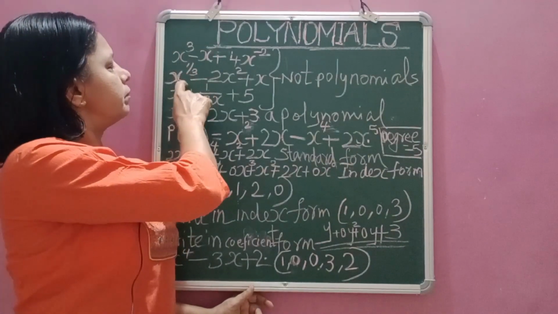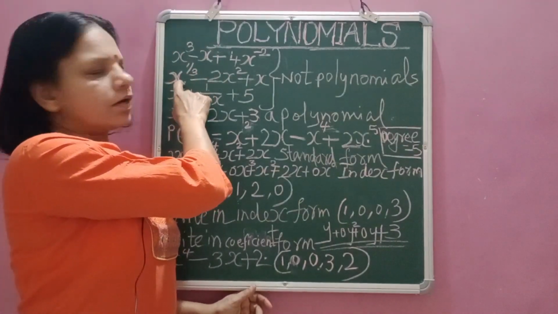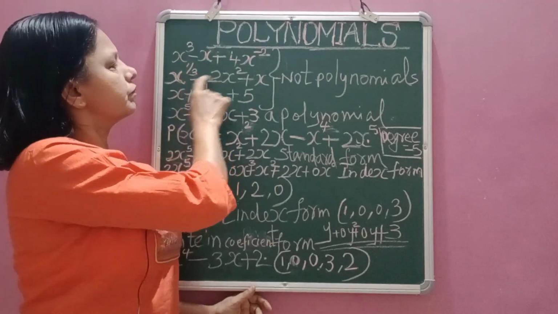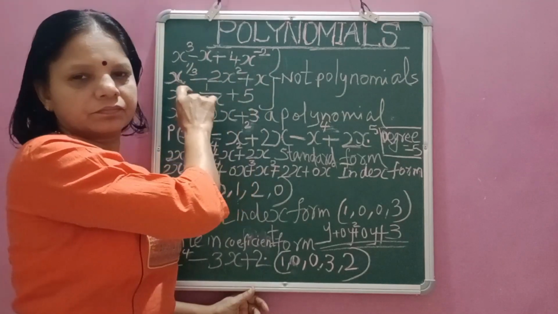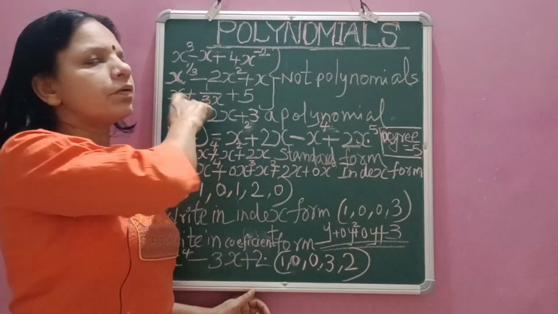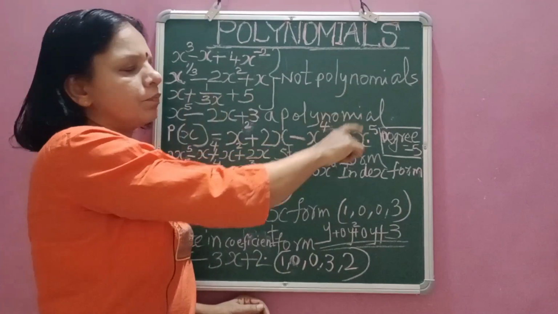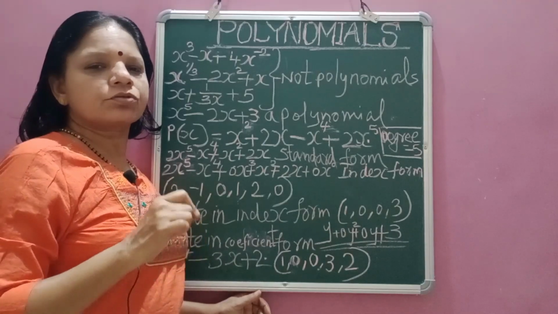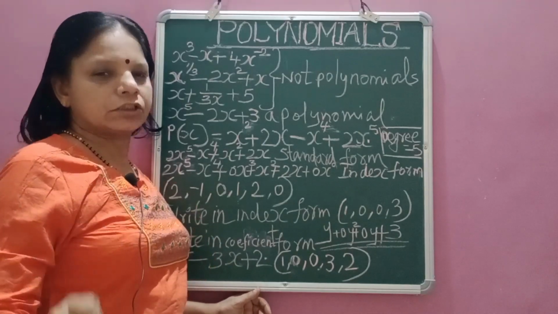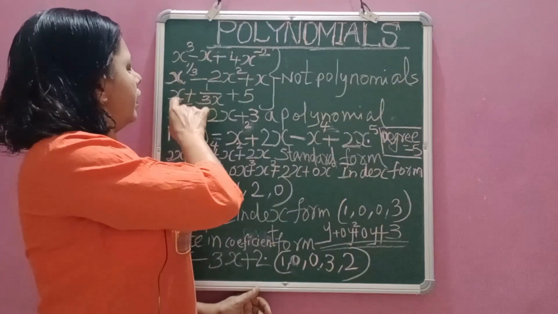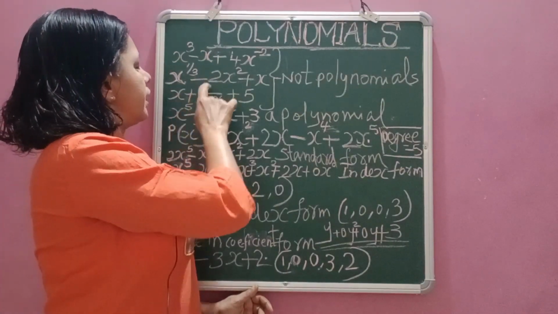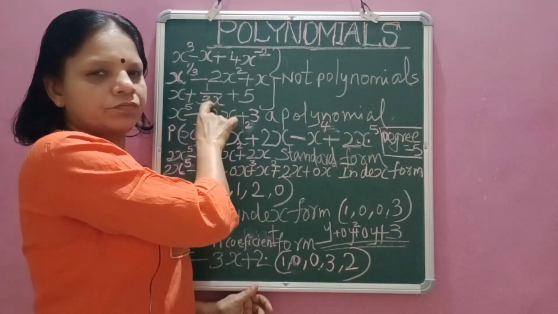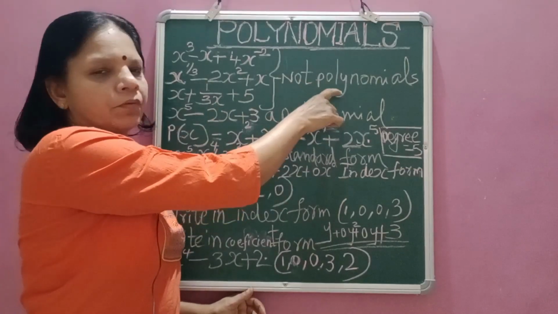In the second example, the indices are 1 upon 3, 2 and 1. Because of this 1 upon 3, it is not a polynomial. That is, the index should not be a fraction. And here also x plus 1 upon 3x, because of this term, it is not a polynomial.